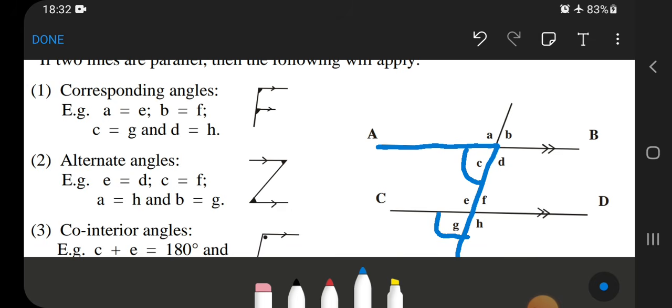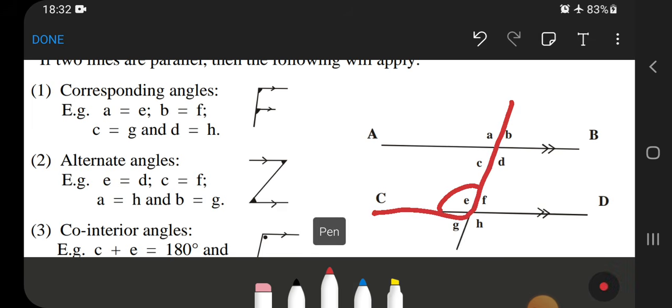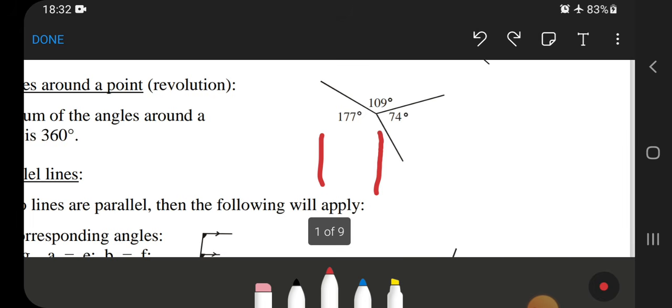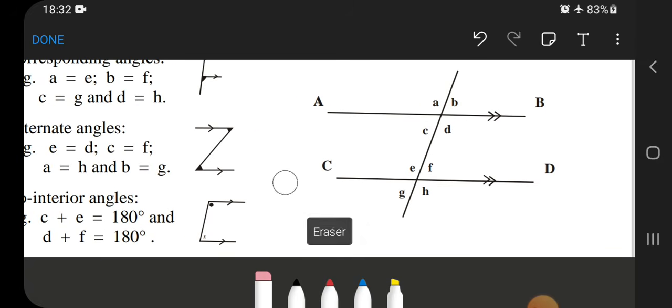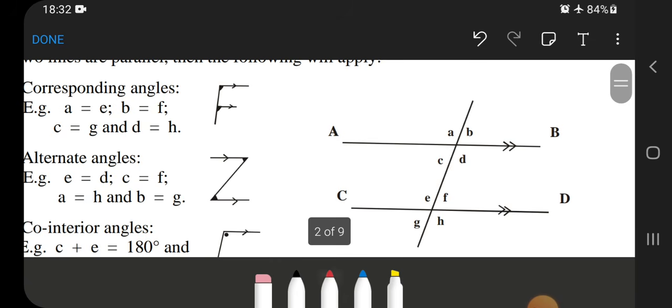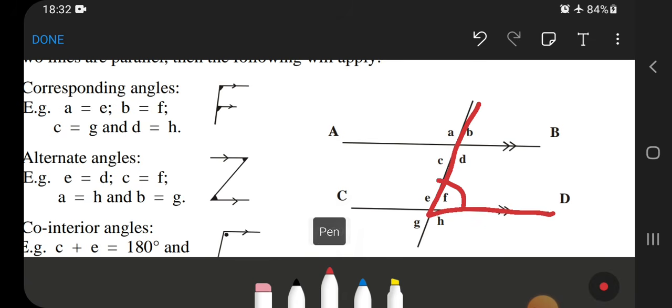And when you do it upside down like this, E and A are corresponding angles. And we can do it again upside down like this, F and B are corresponding angles. They make an F.